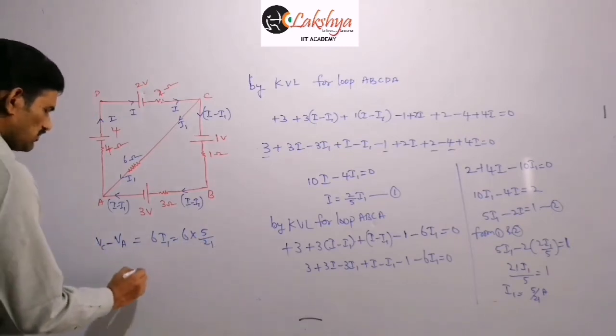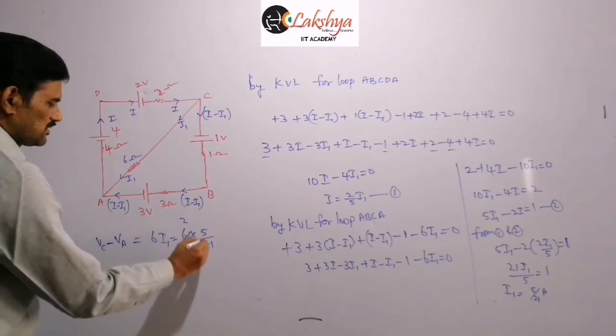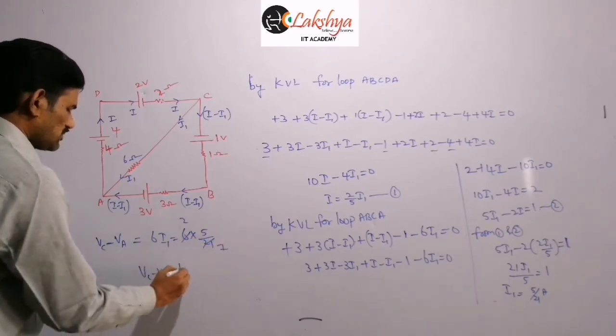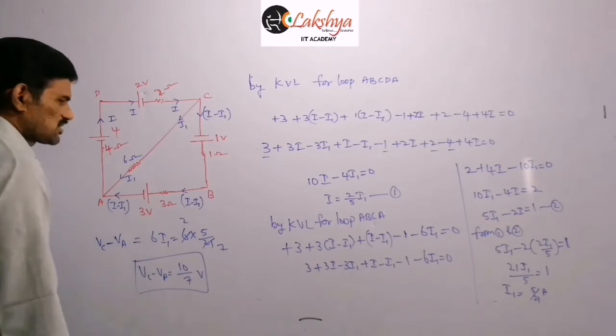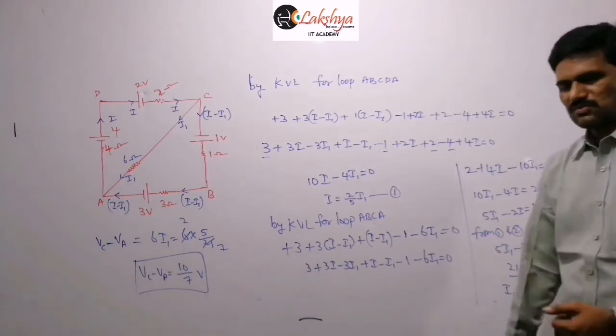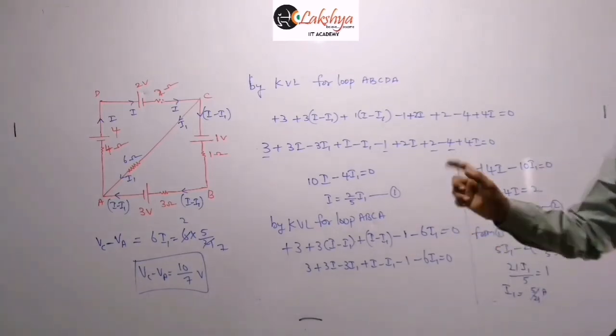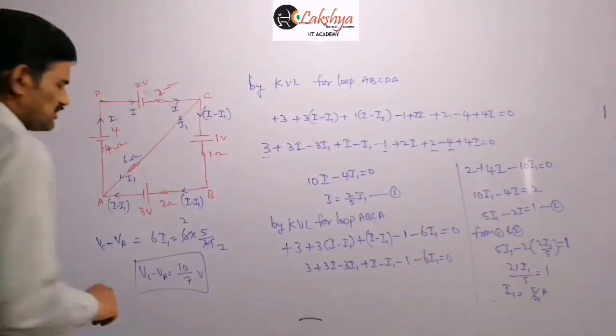You can simplify this, 3 you can cancel, 3 2s and 7. So Vc minus Va will be 10 by 7 volts, right? So it is the potential difference between A and C. That means Vc value is higher, so Vc minus Va we are writing. That is the potential difference and application of the Kirchhoff law in such cases, right?